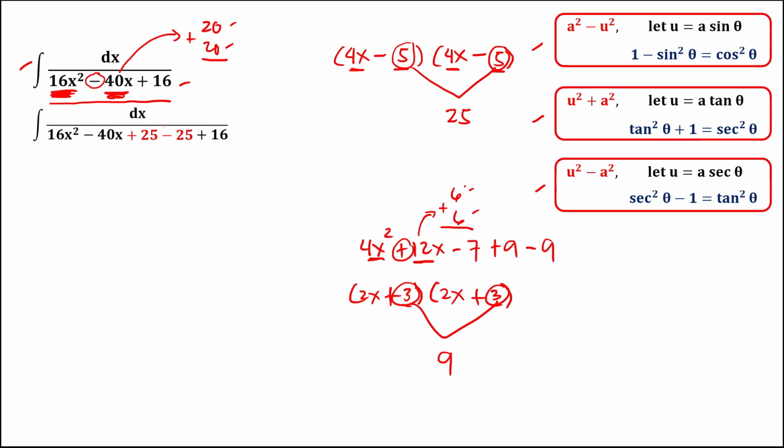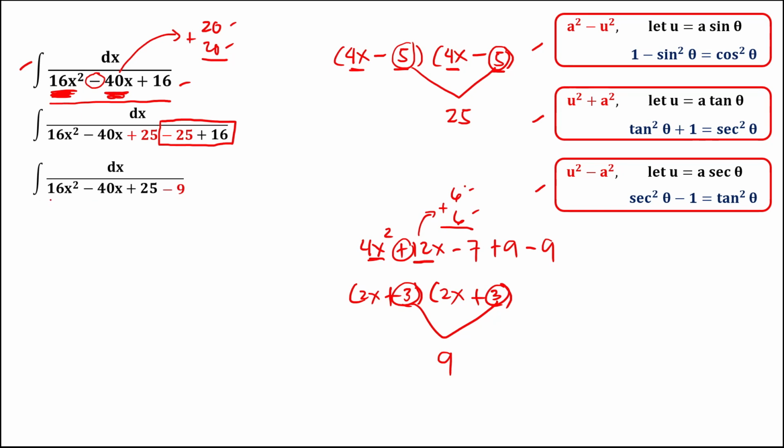So from this, we need to simplify this negative 25 and positive 16. So this becomes 16x squared minus 40x plus 25. And this negative 25 and positive 16, that's negative 9.